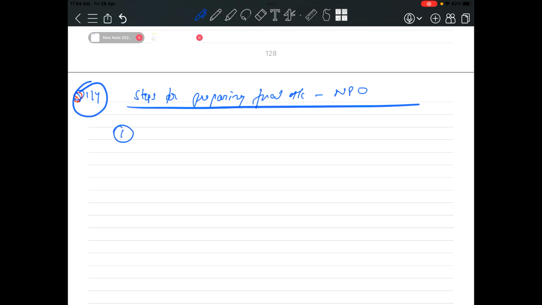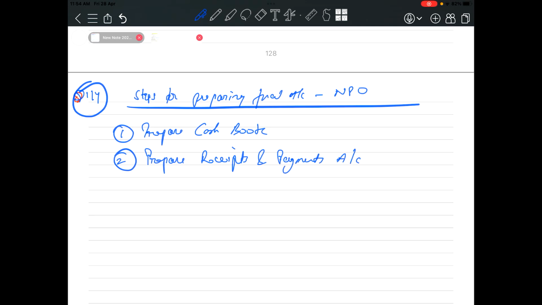What is step number 1? Step number 1 is prepare cash book. You can write, prepare cash book. The second step is to prepare receipts and payments account.